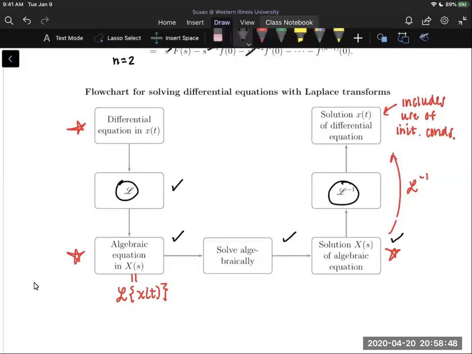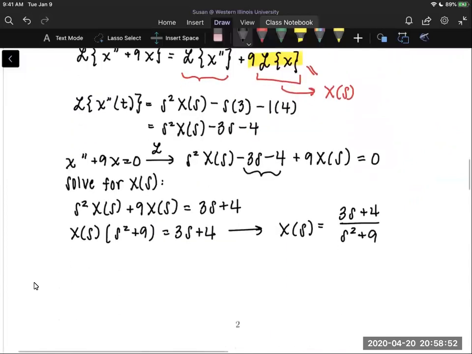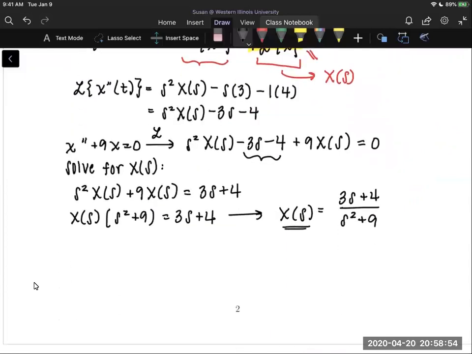So we are right here in this flow chart. We have X of s equals 3s plus 4 over s squared plus 9. The question is, what does little x of t equal? So to undo the capital X of s, we do the inverse transform.